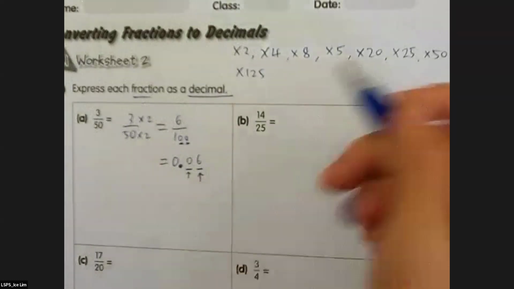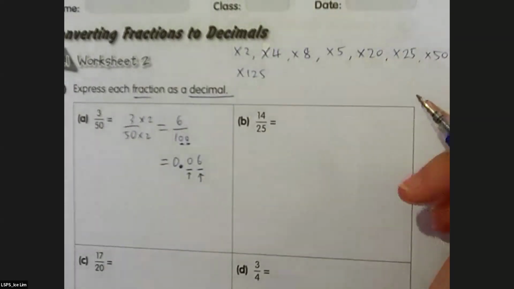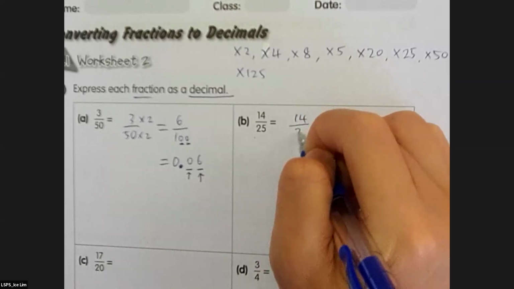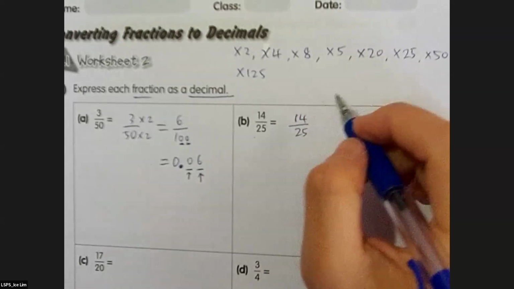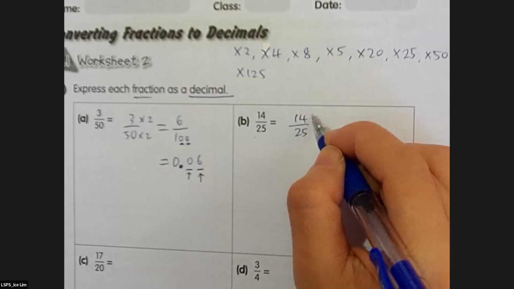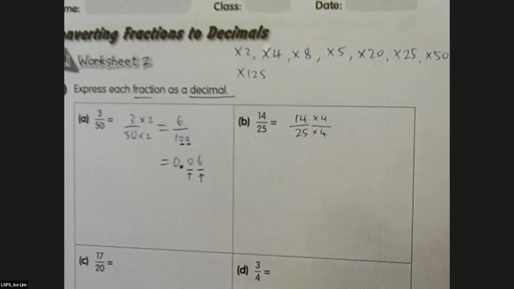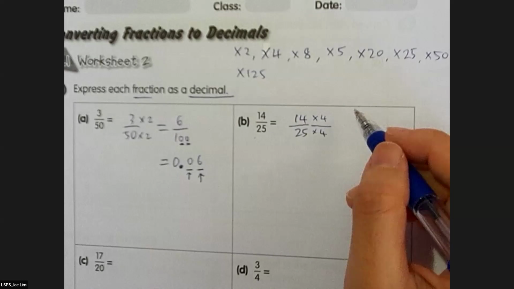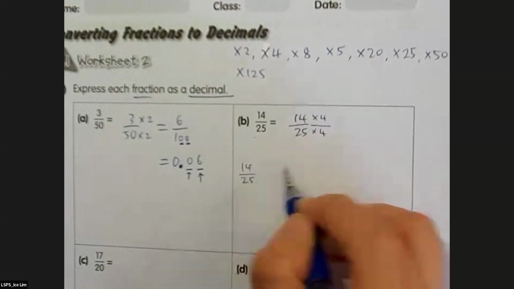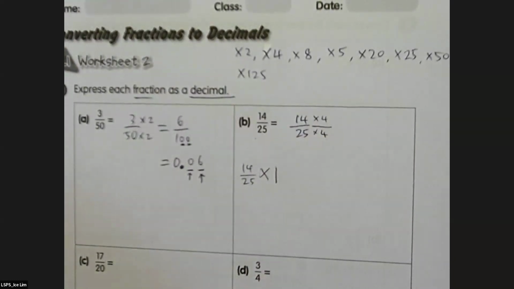Now looking at 25, I will choose times 4. So I will choose 40. At the same time, I'll show you how it works. If I multiply by times 4, times 4, actually, if you see, the right on top here, 25 times 1 will still be itself.